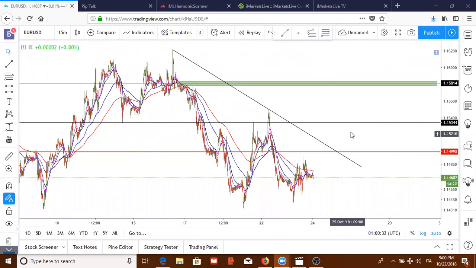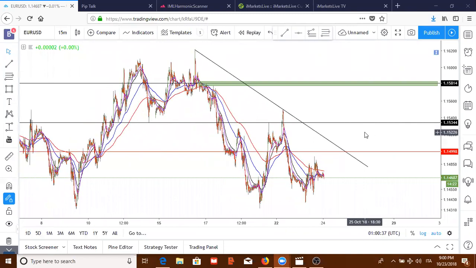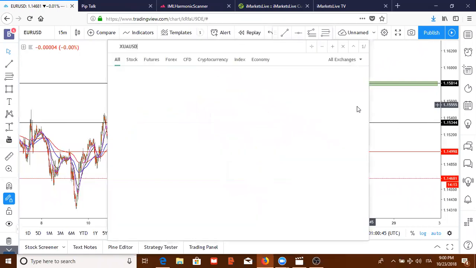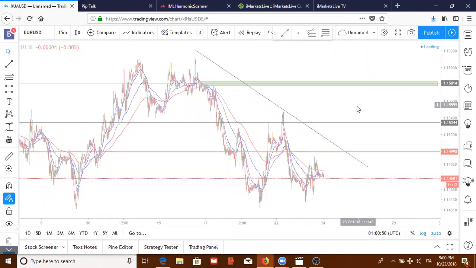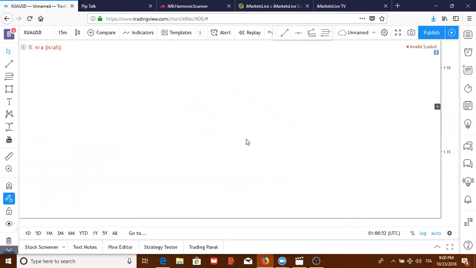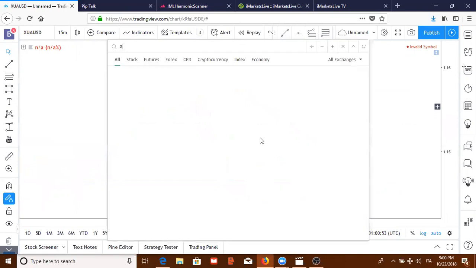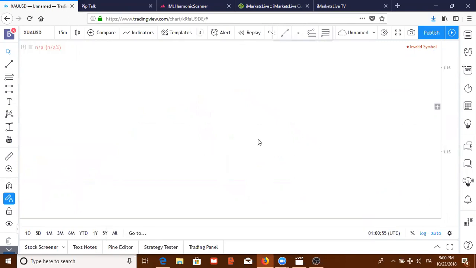What I'm doing right now, I have my eyes set on a few pairs. If you've been following me on Pip Talk, I had posted a trade idea on XAU USD, gold.